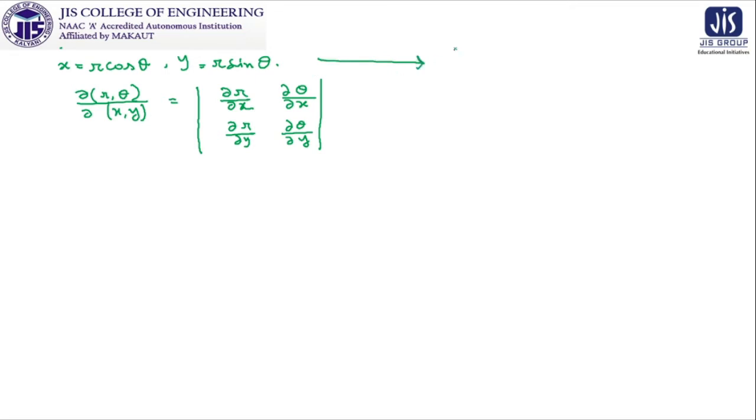So now if we want to find del r del x from here, how will you find it? To find del r del x, del r del y, del theta del x, del theta del y, we will not do the partial differentiation directly. Instead, we are going to use the relationship r square is equal to x square plus y square.